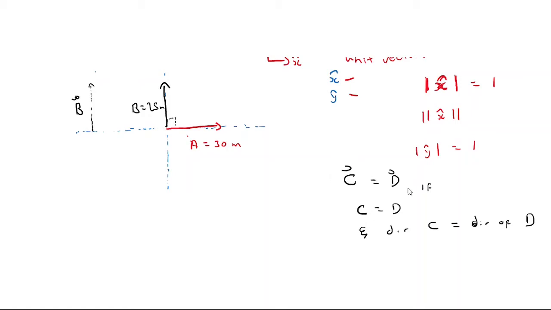If they have the same magnitude but are not facing in the same direction, they are not equal. And that is very important.